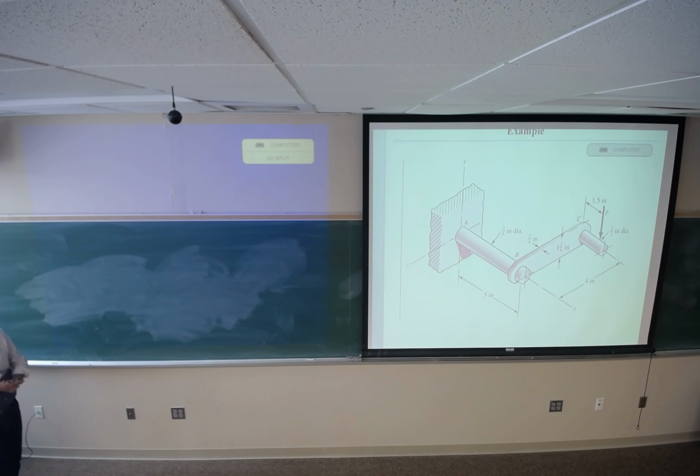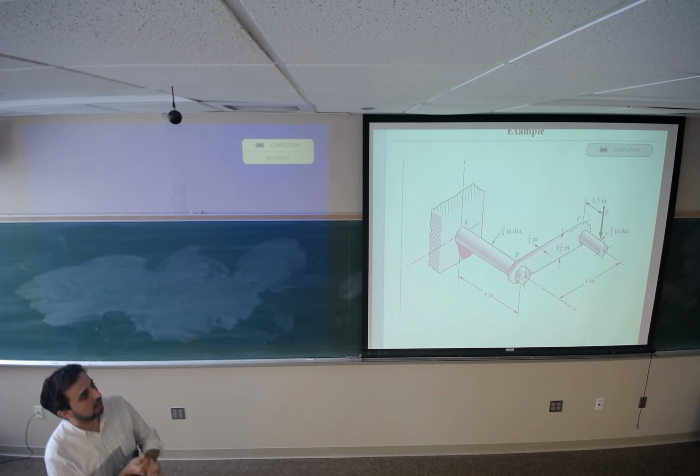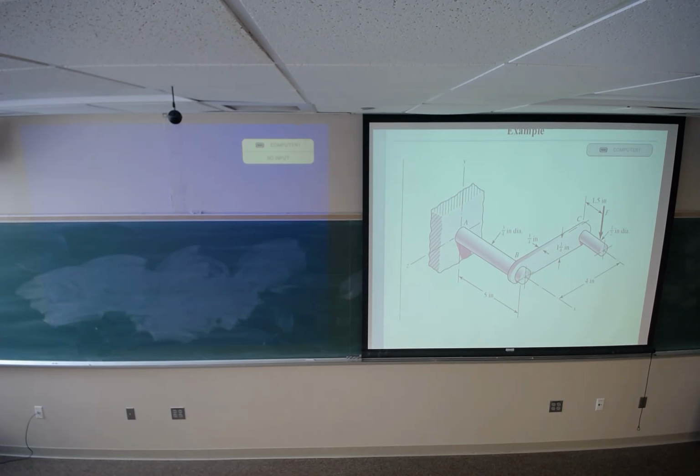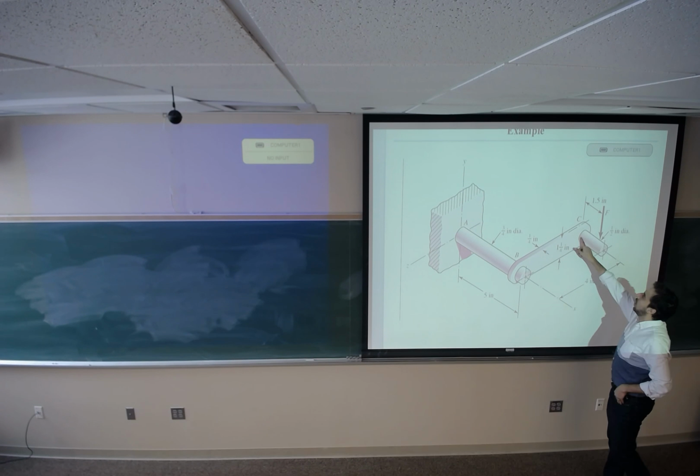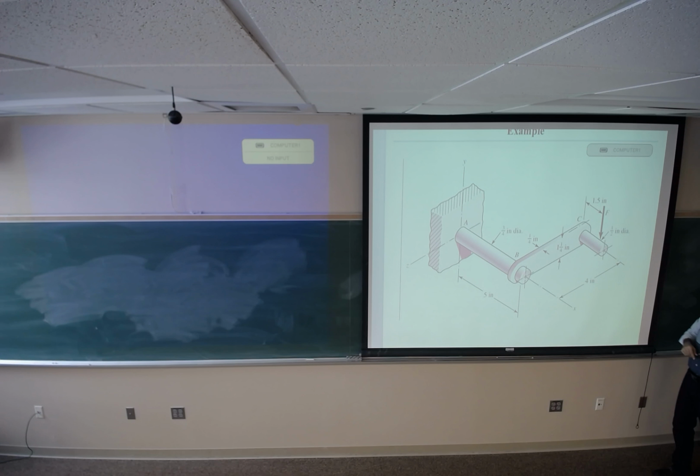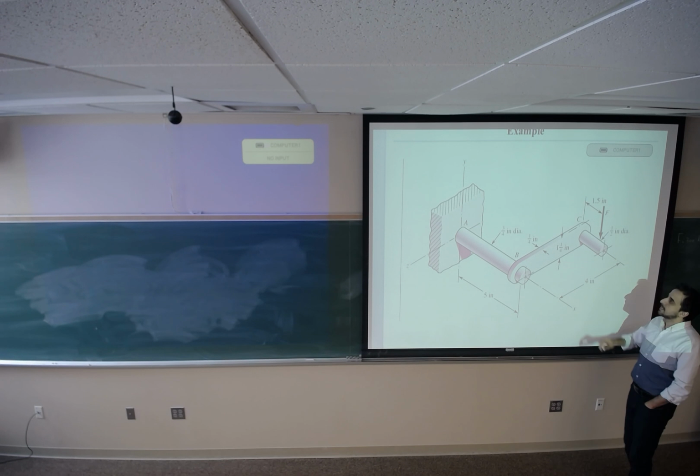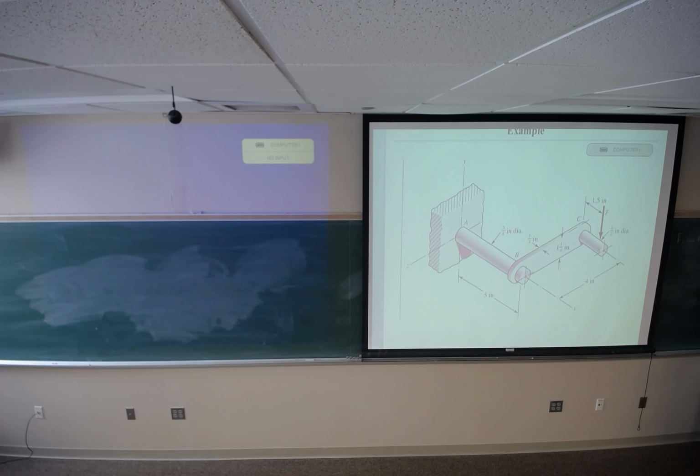Suppose we have this mechanical component, it's a crank. This crank has a crank arm which is under a force F, and F is 300 pounds. This is the magnitude of the force.